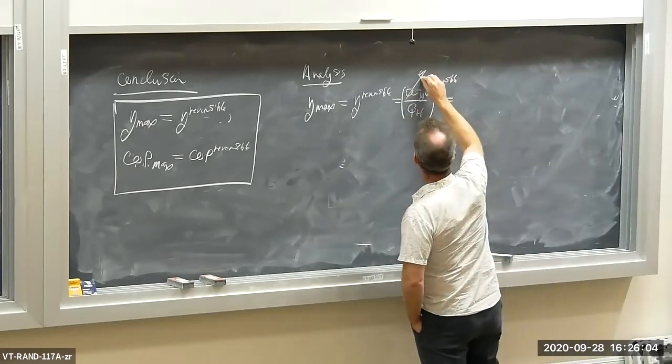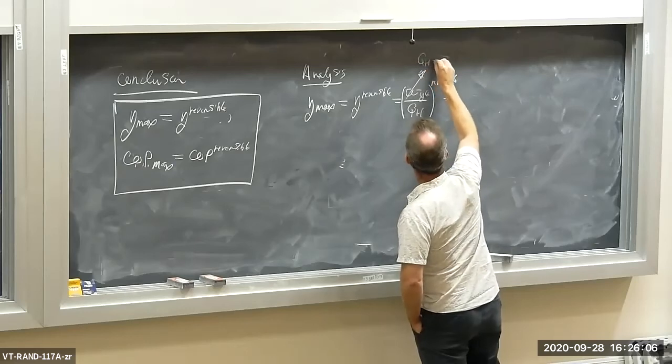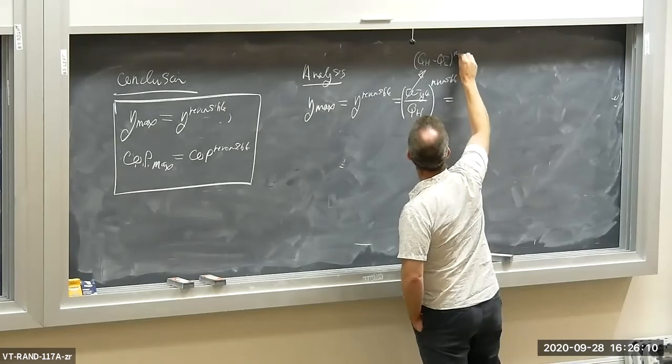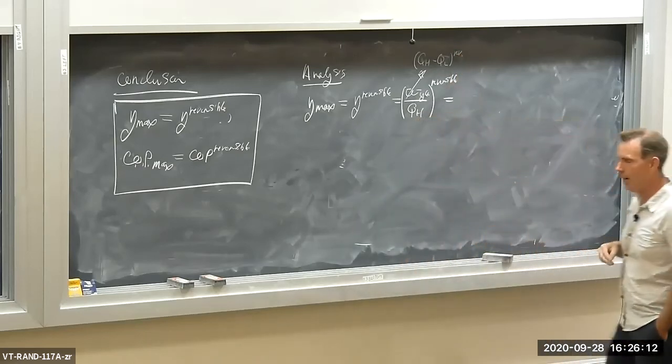Remember, the cycle work is equal to Q high minus Q low, and this is for the reversible heat engine.